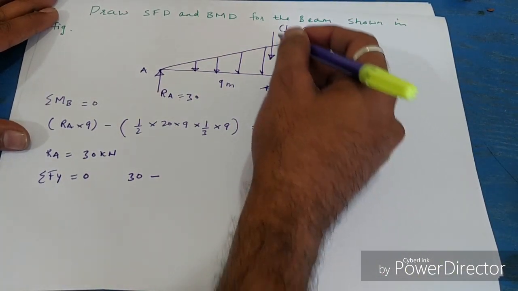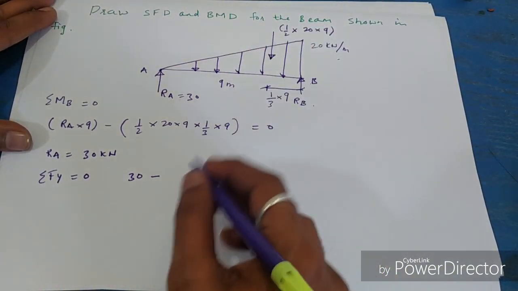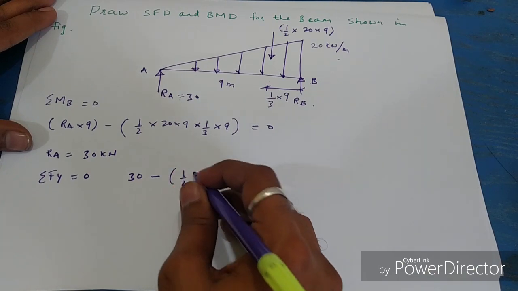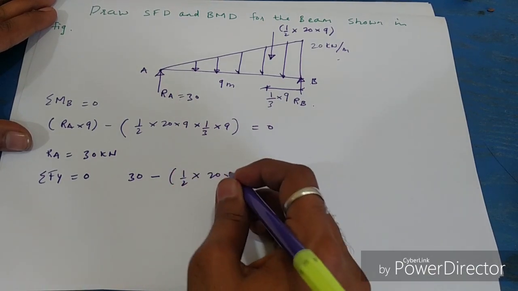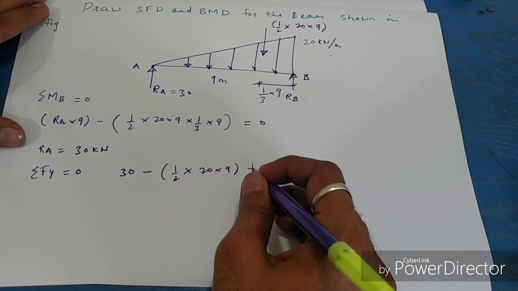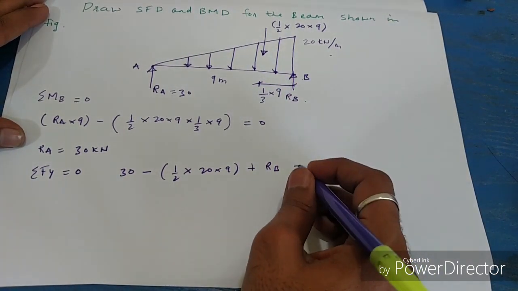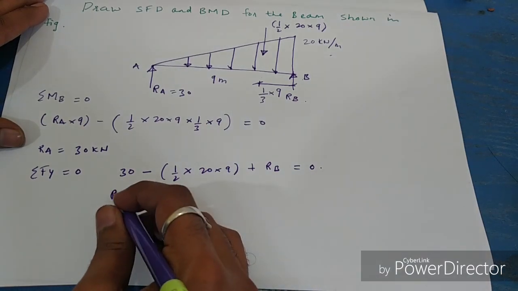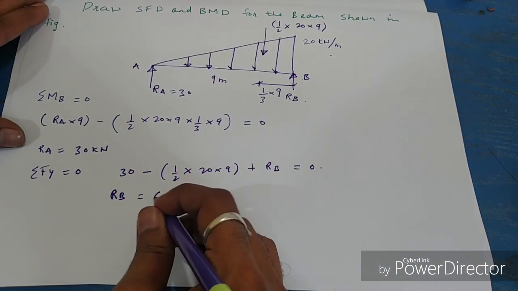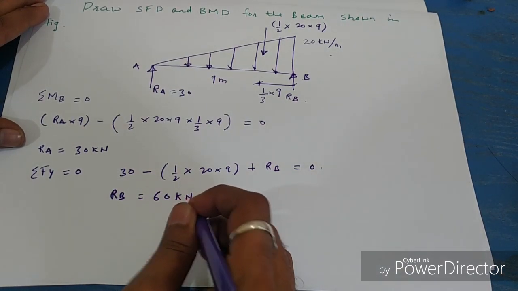The total load of the UVL is going downward, so minus half into 20 into 9, plus RB. We have assumed RB is going upward, equal to 0. So RB equal to 60 kilonewton.